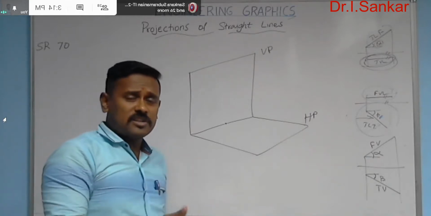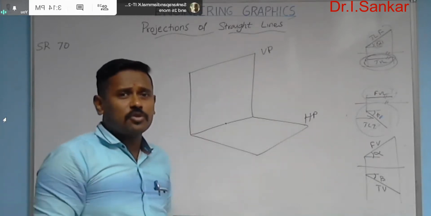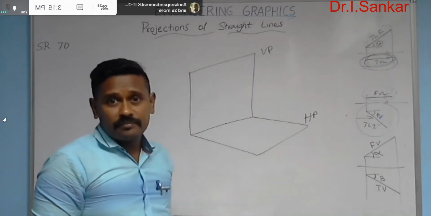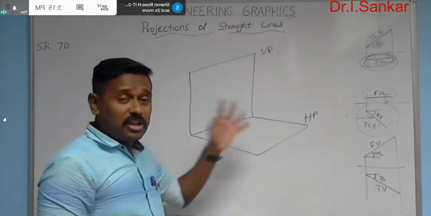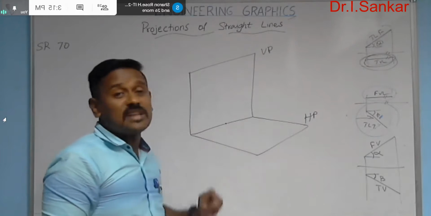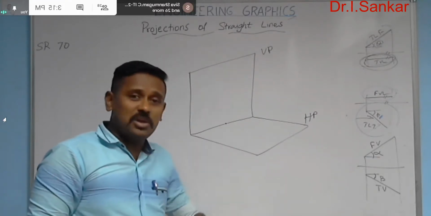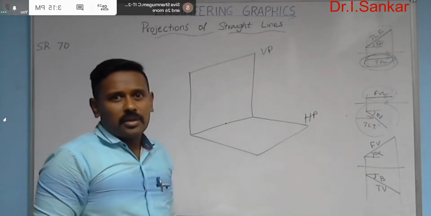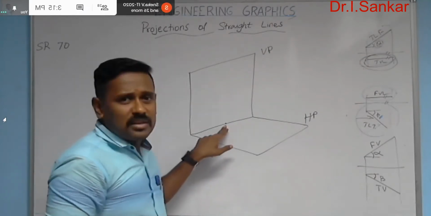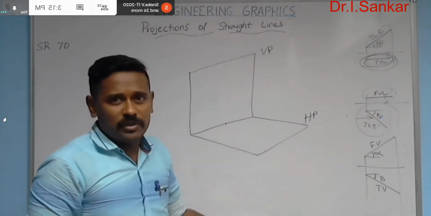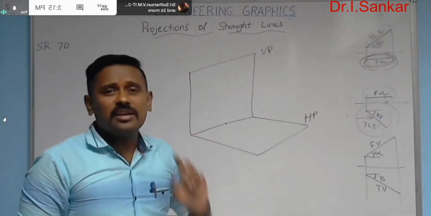Whether it is in the first quadrant, second quadrant, third quadrant, or fourth quadrant, nothing we can say. It may be in any quadrant, but it is in the reference line. If it is in the reference line, then you can't say whether it is in HP or VP. So that point is in both HP and VP if it is located in the reference line.